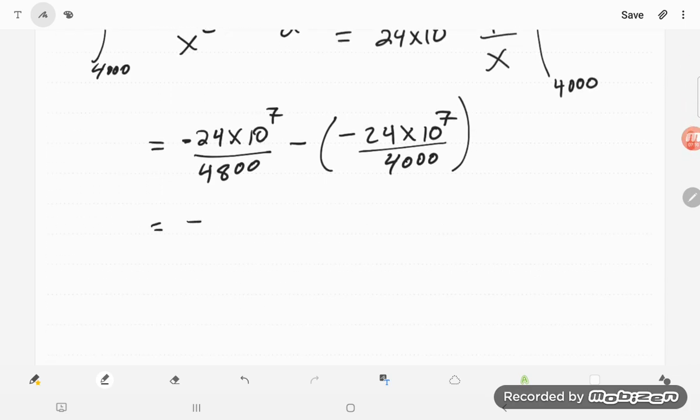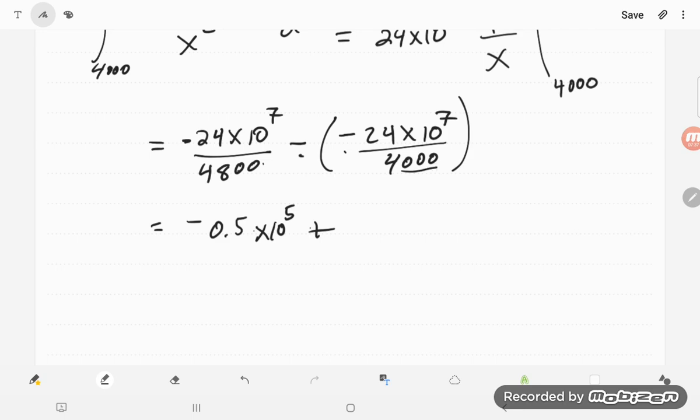Okay, so this is minus, well, two of the zeros can make this times 10 to the 5th. And then 24 over 48 is just a half, so I could write this as 0.5 times 10 to the 5th. And then we have plus, because a minus and a minus.